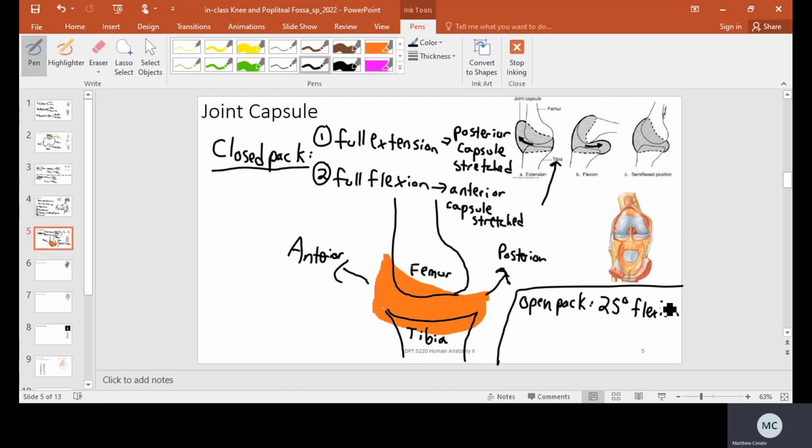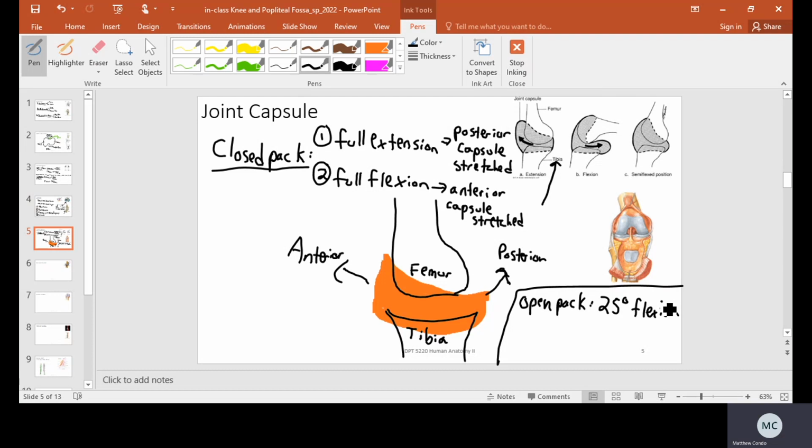I then need to test the integrity of their ACL. Who in here has had their ACL tested? How did they test your ACL? Did they put your knee in a little bit of flexion? Why?